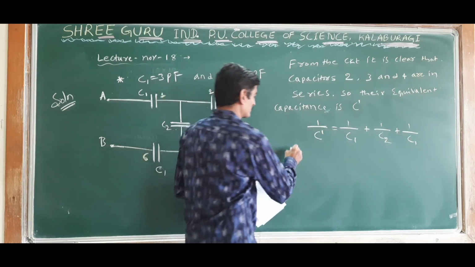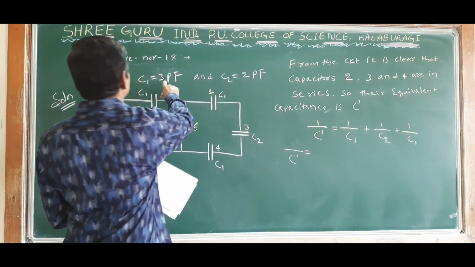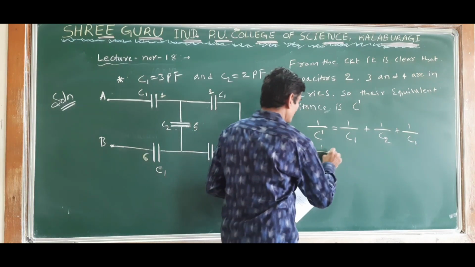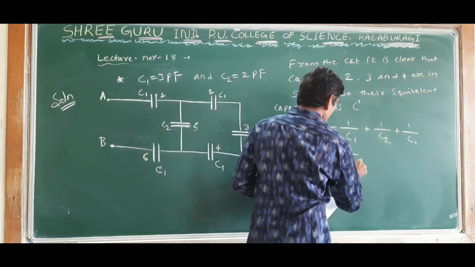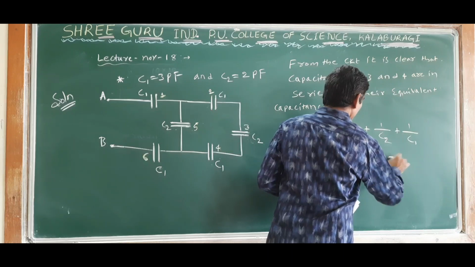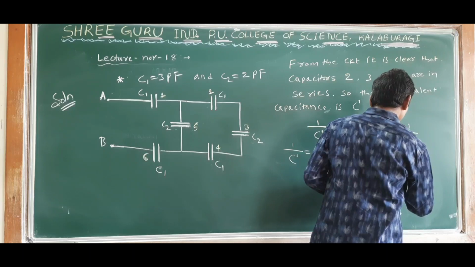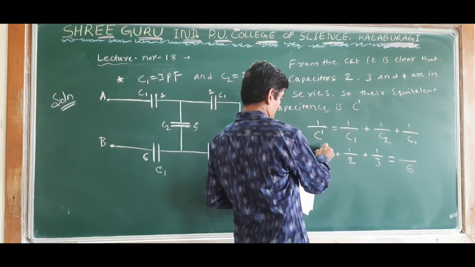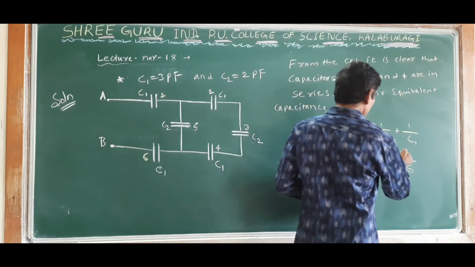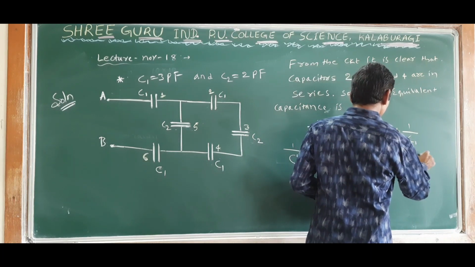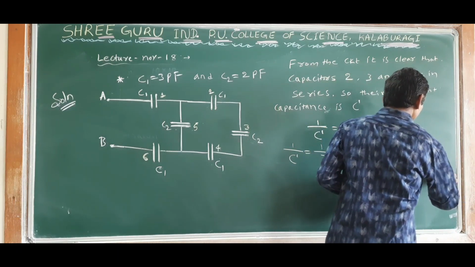Now substitute the values. 1 by C dash is equal to 1 by C1, C1 is 3 picofarad, so 1 by 3, plus 1 by C2, C2 is 2 picofarad, so 1 by 2, plus 1 by 3. Take LCM, 6. So it will be 2 plus 3 plus 2, which gives 7 divided by 6.